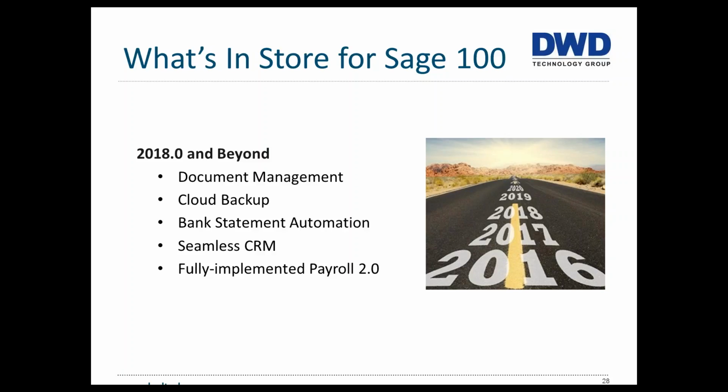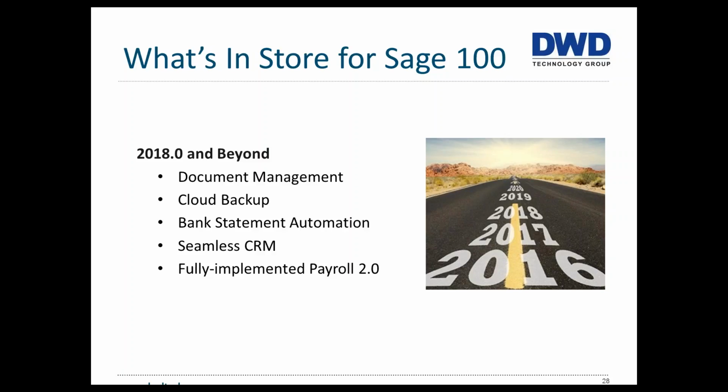There will be cloud backup solutions that are expected to be available. Bank statement automation. Some of you might already be using the bank reconciliation functionality where I can read in my check information from a file from my bank. I'm expecting this to be a lot more robust and probably even pick up the deposit information as well.